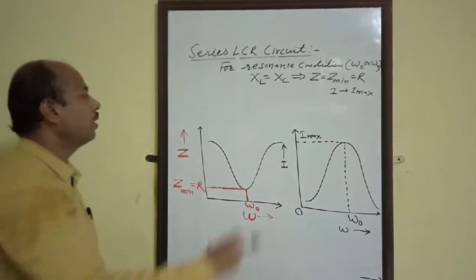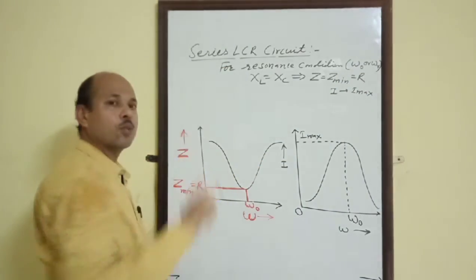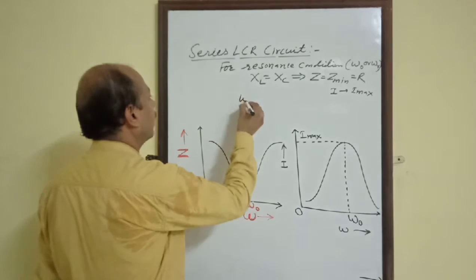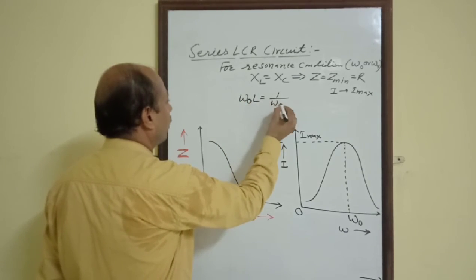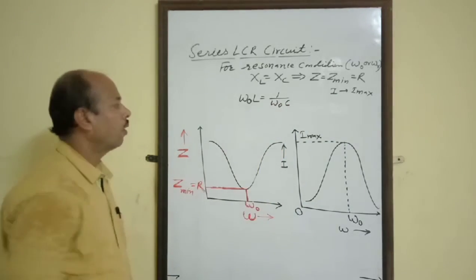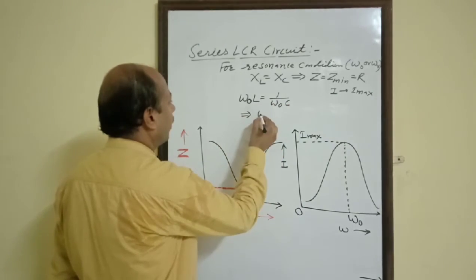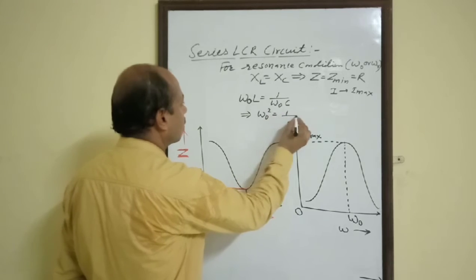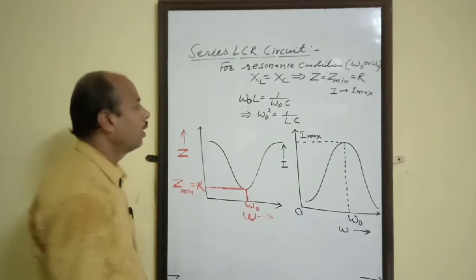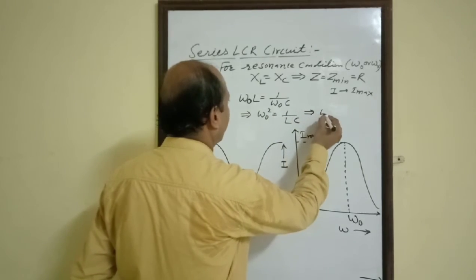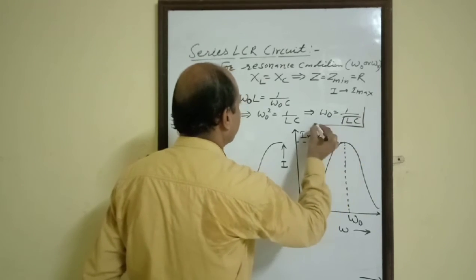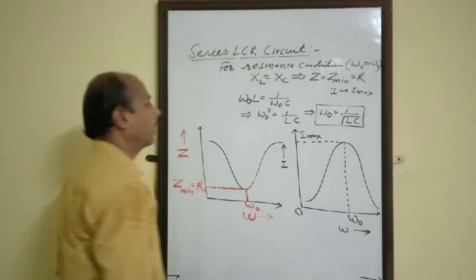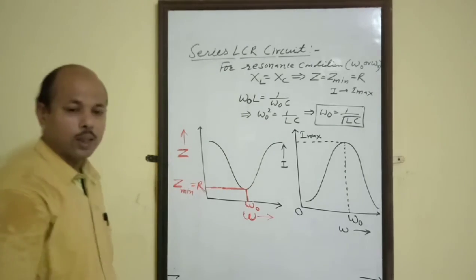Resonant angular frequency. We know that XL equals omega L, therefore it can be written as omega naught L equals 1 upon omega naught C, or omega naught square equals 1 upon LC, or omega naught equals 1 by root LC.